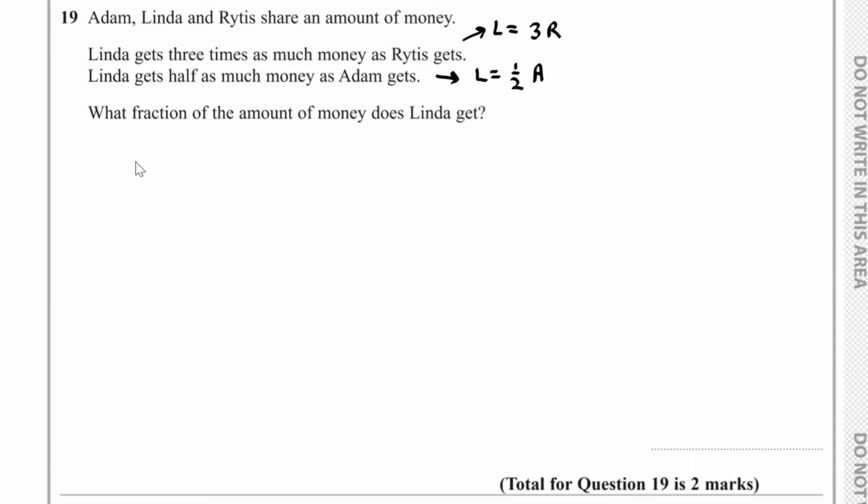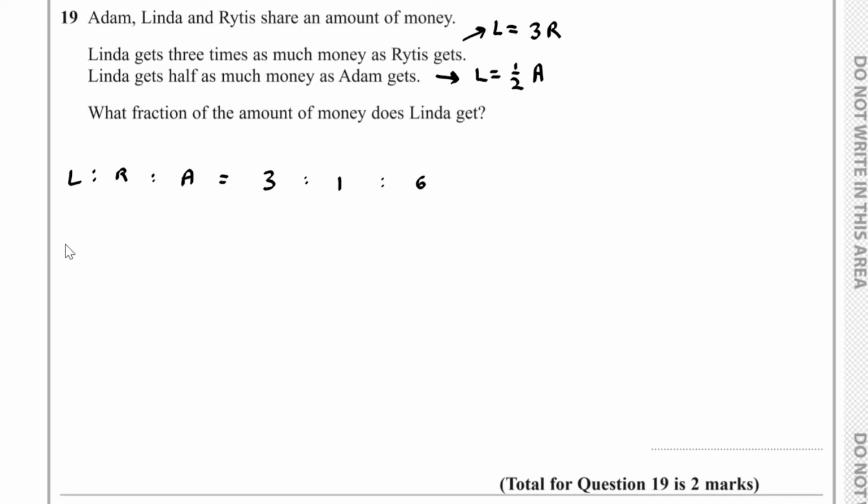So if we express this as a ratio, L to R to A, Linda gets 3 times as much as R, so the ratio between L to R is 3 to 1, and she gets half the money Adam gets, so multiplying the 3 by 2, we get 6.